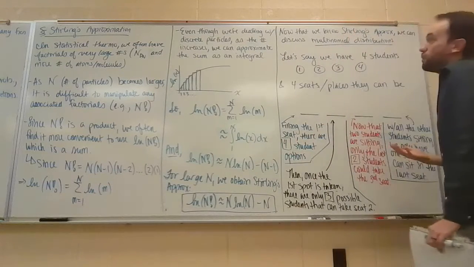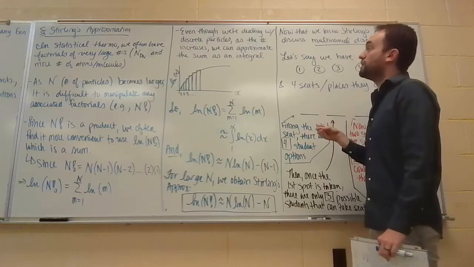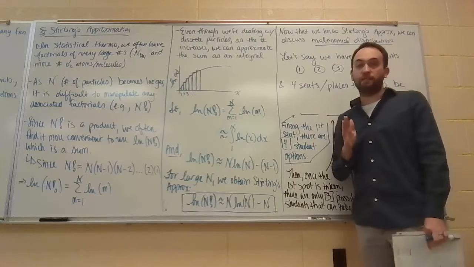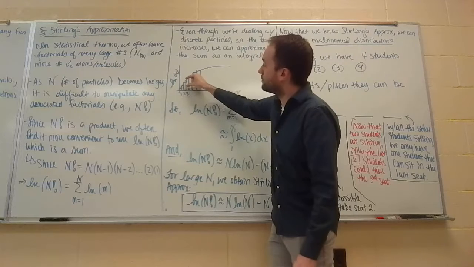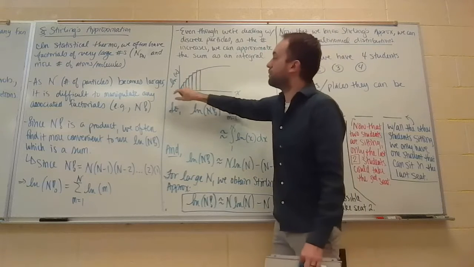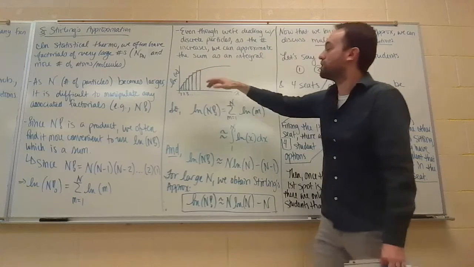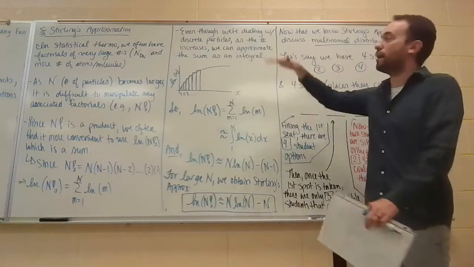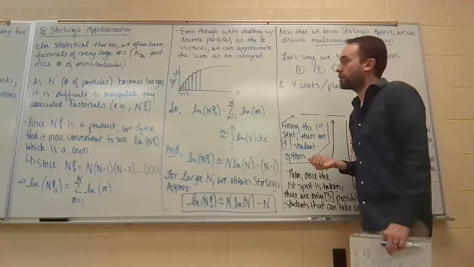Now, even though we're dealing with discrete particles, as the number of those particles increases, we can approximate that sum as an integral, okay, where we have the ln of 1, the ln of 2, and so on, where our x is equal to 1, is equal to 2, is equal to 3, and so on. If I add up all those pieces, I will eventually get my overall function for the natural log of x.